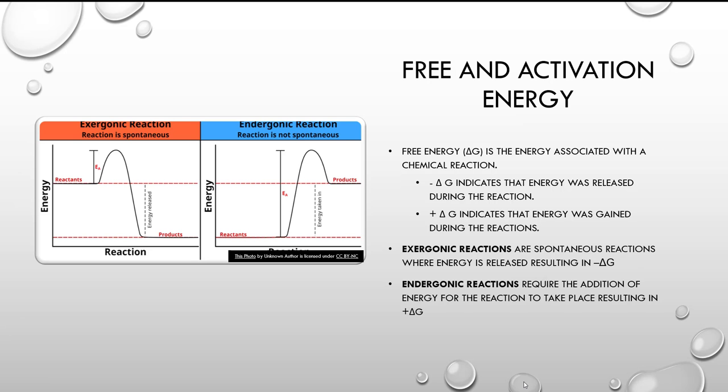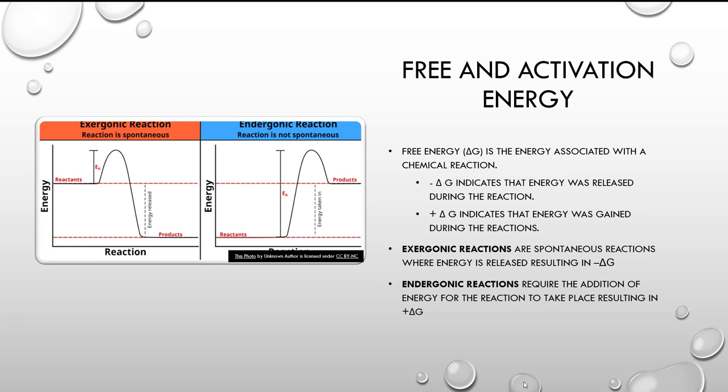Now we're going to get into something called free energy. Free energy is energy that's associated with a chemical reaction. If we have a negative amount of free energy in a chemical reaction, that indicates that energy was released during the reaction.